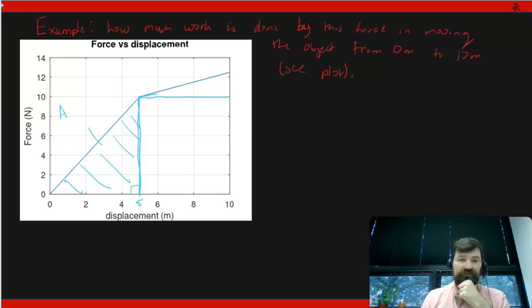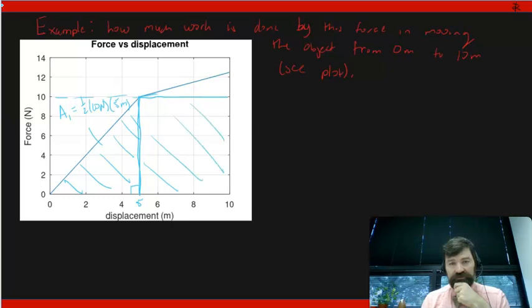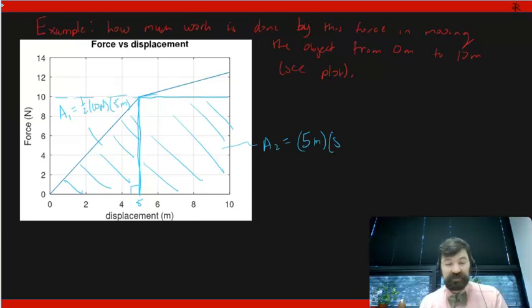So you could say area 1 is 1/2 of, and if you look over here, this is 10 newtons, and then 5 meters. Then you have a rectangle here, which we could call area 2. Area 2 is 5 meters by 10 newtons.